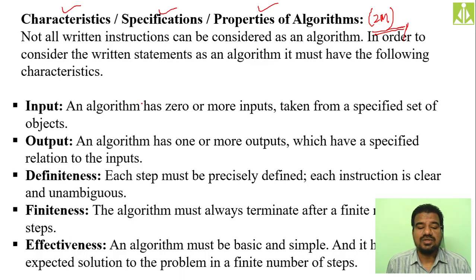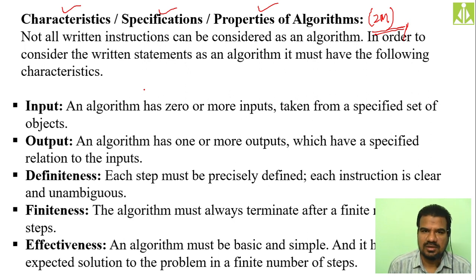What are the characteristics? Not all written instructions for solving a problem can be considered an algorithm. If you write some description on a white paper and say this is my algorithm, can it be standardized? Can it be accepted by all people?